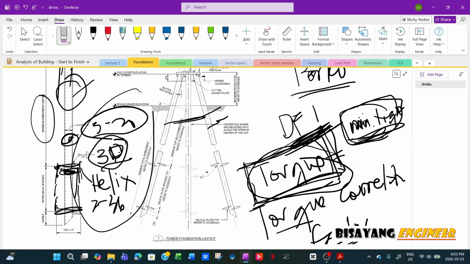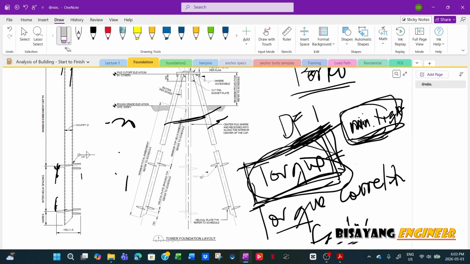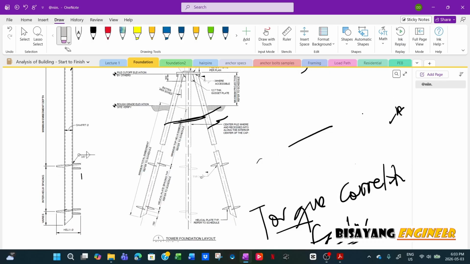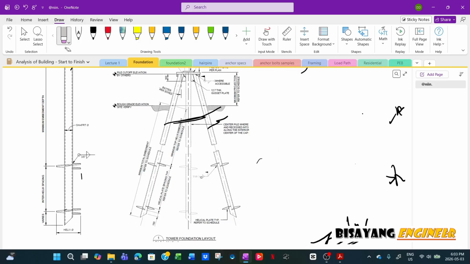The advantage of using this is why it is very common in remote areas. Imagine you are hundreds of kilometers away from the highway and big cities, and it would be almost impossible to bring in concrete to do a concrete pile.